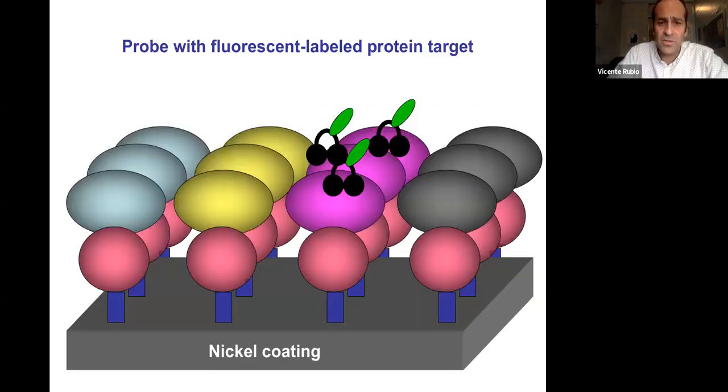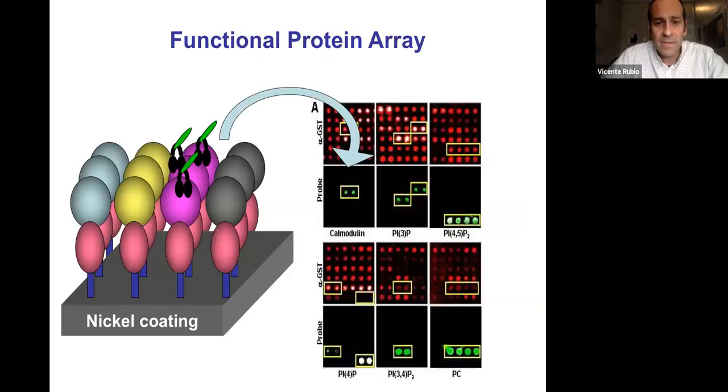And so this is what we will do with our specific probe, which can be our protein of interest labeled with a fluorescent marker. As I said, these arrays can also be used at the functional level to characterize enzymatic activity. So it can be a protein labeled with the fluorescent probe that will interact with specific proteins in the array, or we can add a specific substrate that we want to test against a specific collection of proteins.